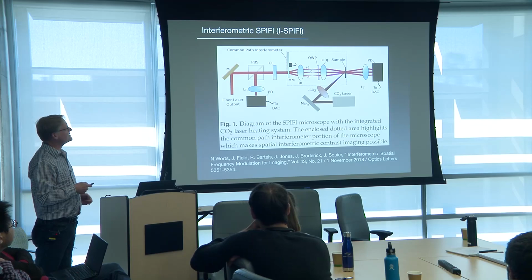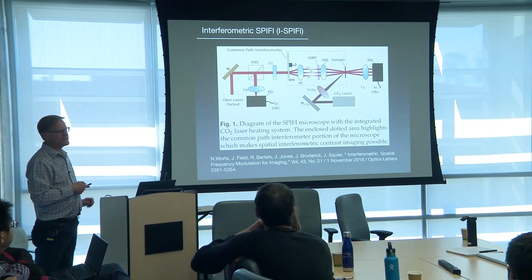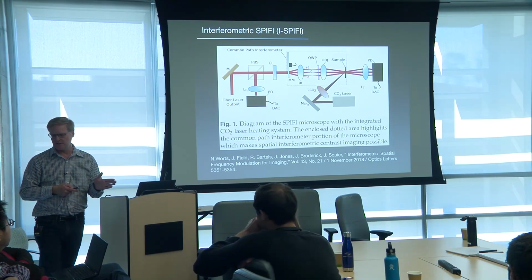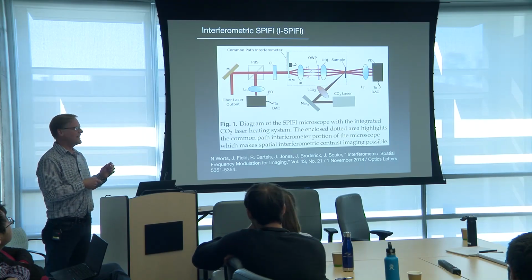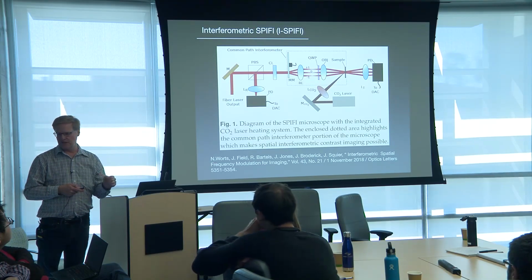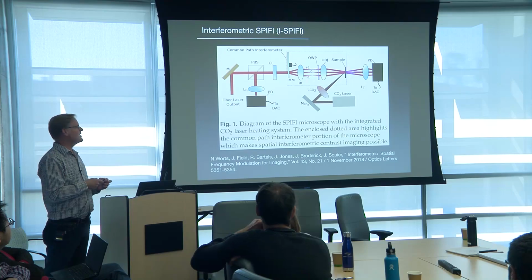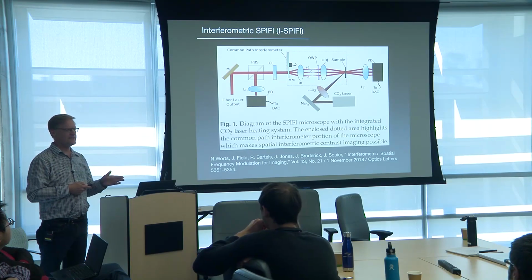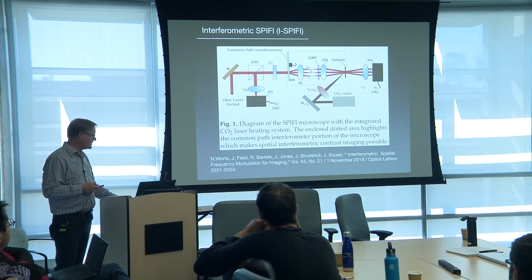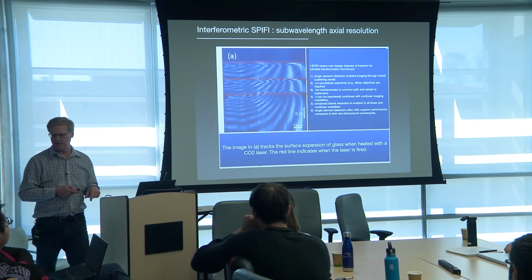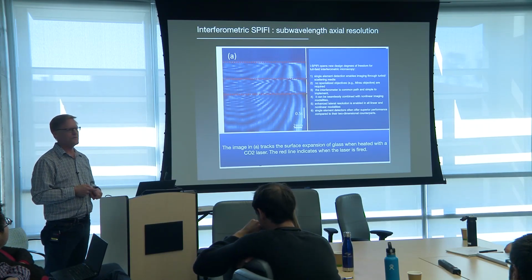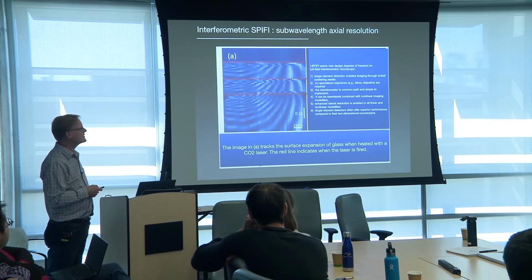And I'm imaging this now with a working distance of about 60 millimeters. My line there is 20 millimeters long. So this is a long working distance system. But what we're able to show is we can get sub-wavelength axial resolution out of this system once we exploit this interferometer.